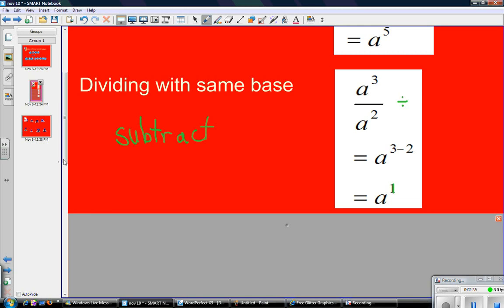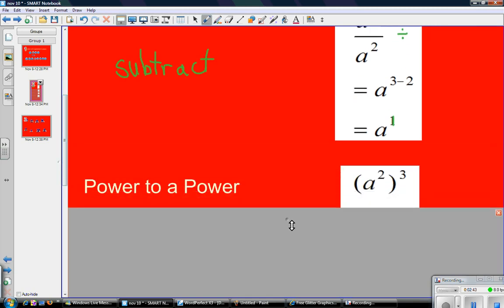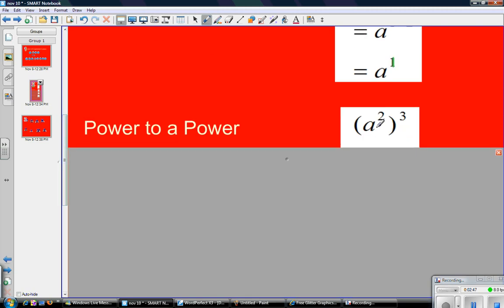The next exponent law we looked at had to do with a power to a power. So a power to a power means I already have something to a power, and then I take the whole thing and I put it to another power. Now if I wrote this out, that would be a squared times a squared times a squared, 3 times.